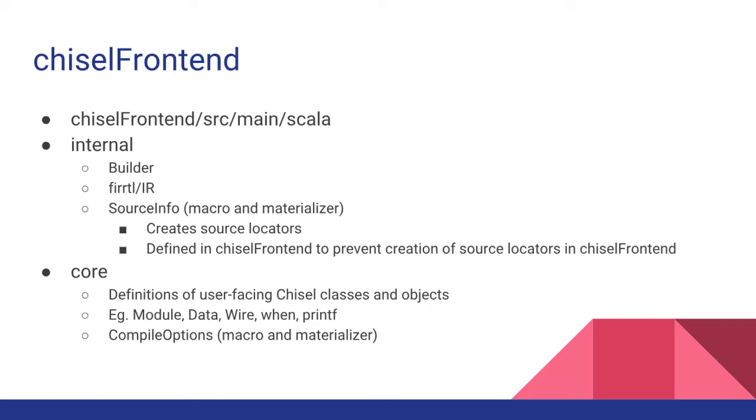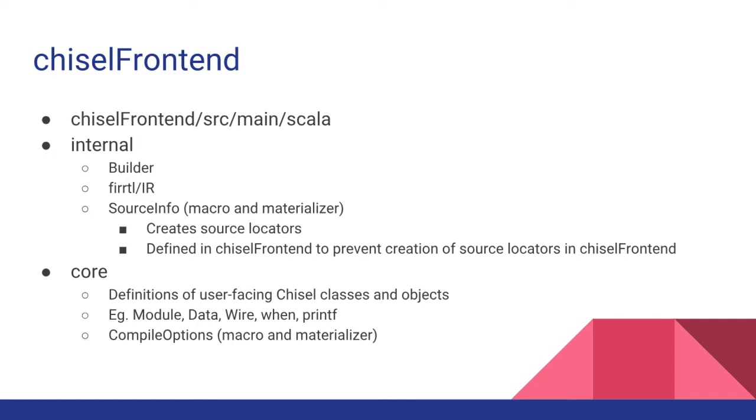And so it's conceivable that they could create the source locators themselves. They actually don't do that currently, but it's possible. But the materializer, what that does is it inspects your Scala source and can actually determine the line that it's on. And that's how we provide you source locators in the Verilog.